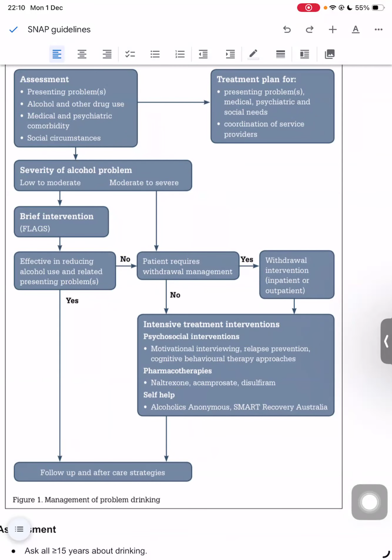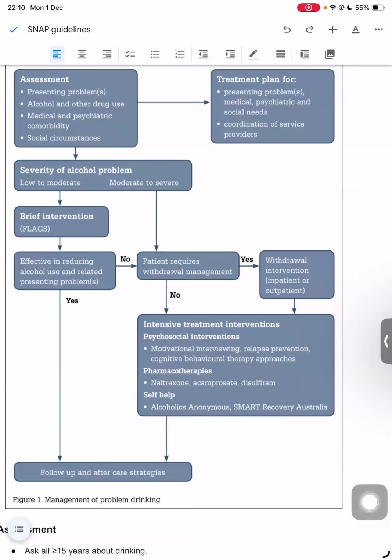For now, if the withdrawal management improves the patient's symptoms and the patient has reduced the intake of alcohol, then withdrawal intervention, inpatient or outpatient.